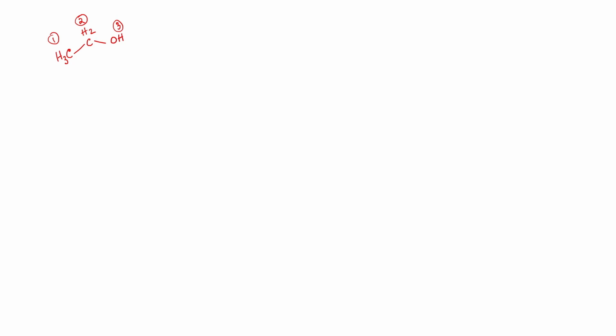Now this CH3 has a different electronic environment than the CH2 and the OH. Those electrons are going to have some magnetic field that will oppose the magnetic field we are giving externally, right?